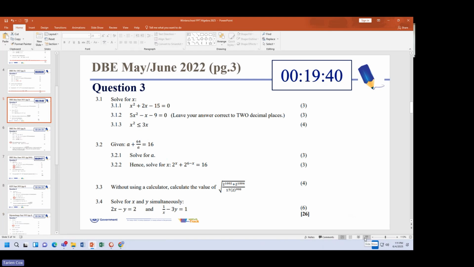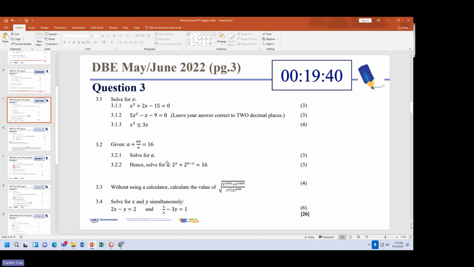I'm going to change the timer and give you a head start. We are only going to focus on question 3.2, the entire question 3.2, so 3.2.1 and 3.2.2. Since it is 6 marks, I'm only going to give you 5 minutes, so you can start while I change my timer, and it will end up being around 6 or 7 minutes in total.